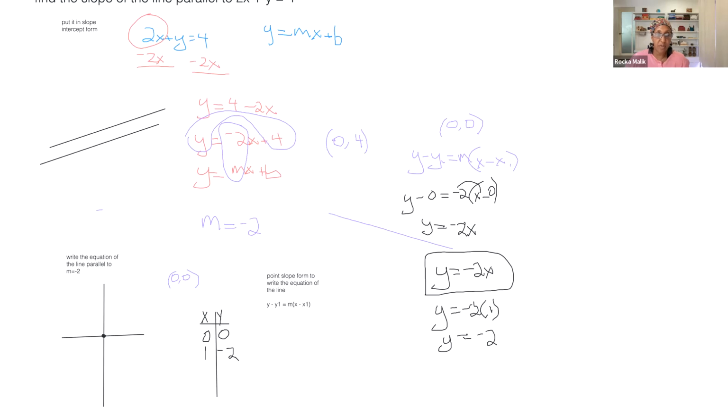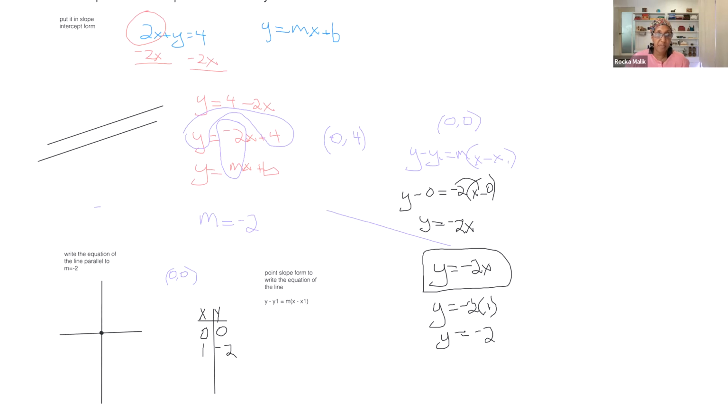So when X is 1, Y is -2. And then I'll connect those 2 points.